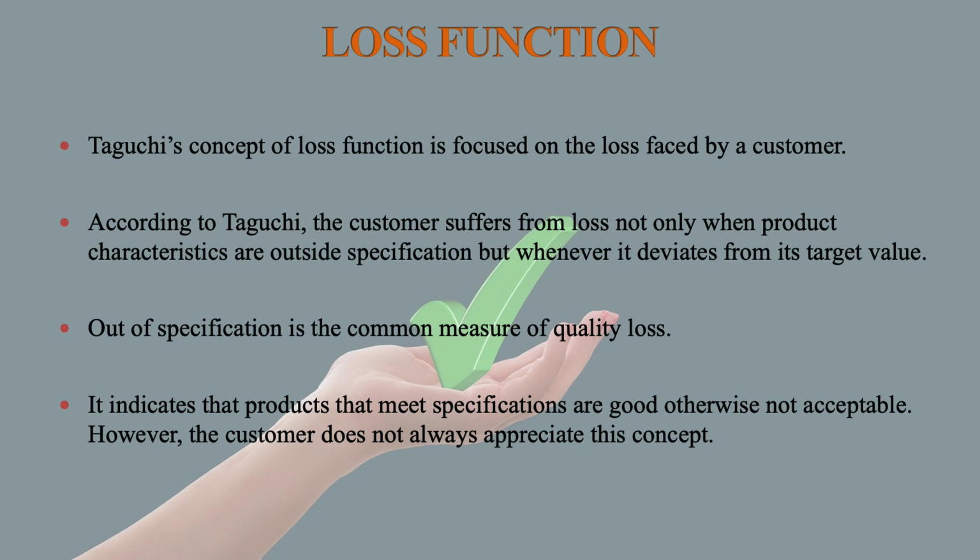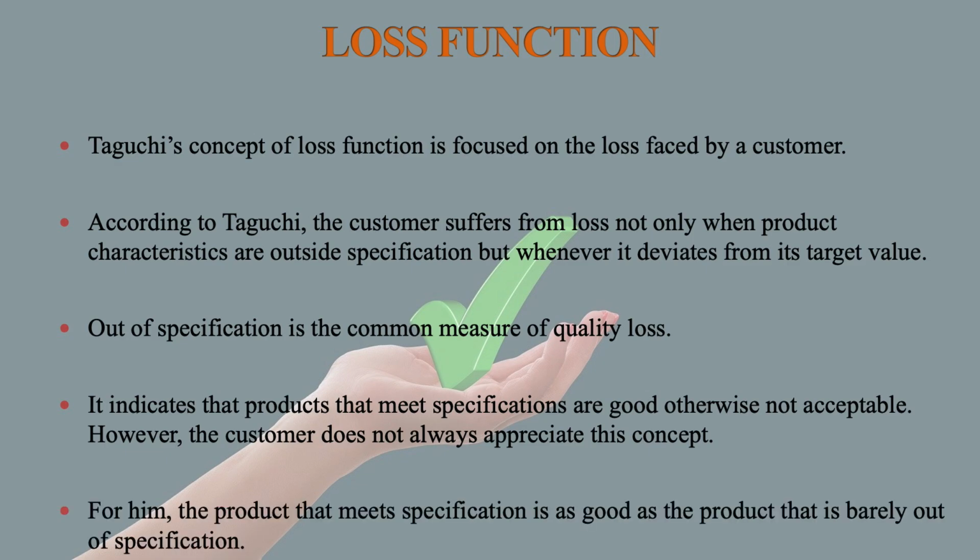However, the customer does not always appreciate this concept. For him, a product that meets specifications is as good as a product that is barely out of specifications. Here, the Taguchi loss function says that whenever the product deviates from the target value, it is a loss to the customer. So that is Taguchi's loss function.